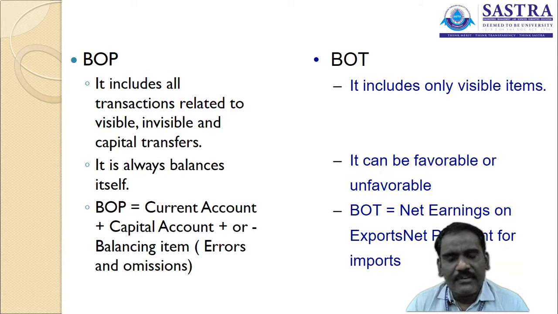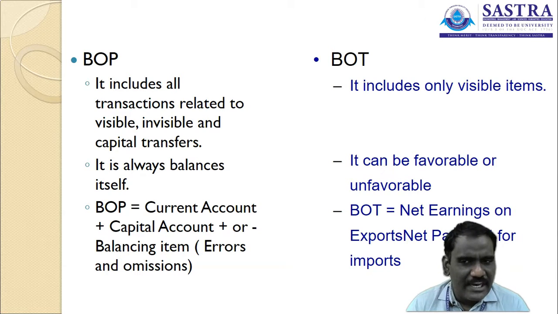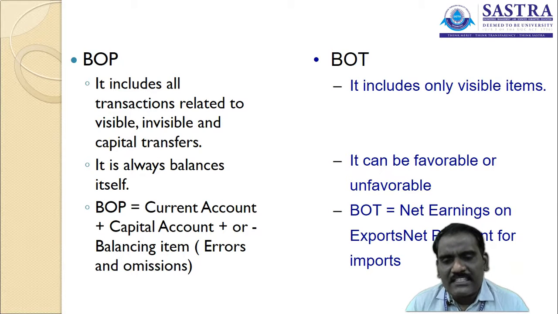The balance of payment includes the balance of trade. So there are a few differences between balance of payment and balance of trade. The first one: the balance of payment includes all the transactions related to visible or invisible items and the capital transfers, added together for the calculation.